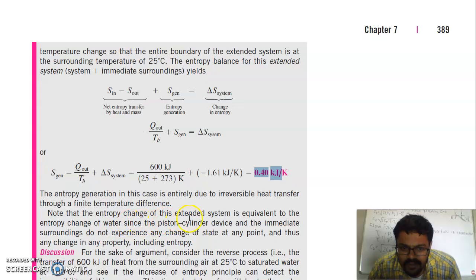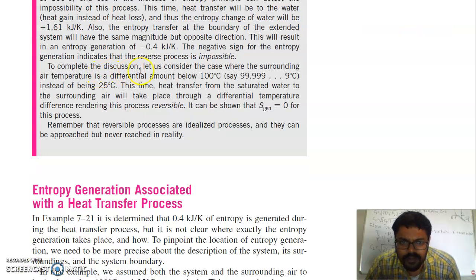Note that the entropy change of this extended system is equivalent to the entropy change of water, since the piston-cylinder device and the immediate surrounding do not experience any change of state at any point, and thus any change in property including entropy. We can also discuss a special case where entropy generation is 0. Your entropy generation will be 0 when there is heat transfer across a very small temperature difference.